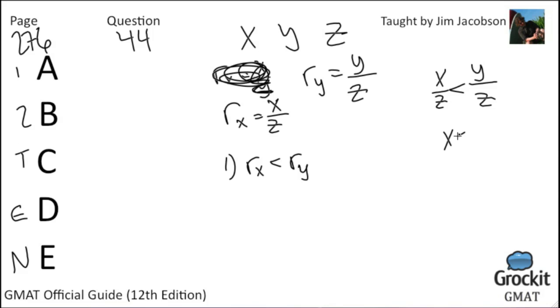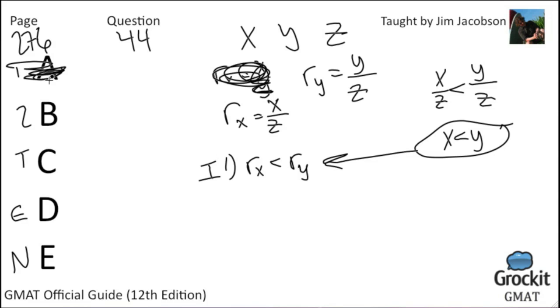Therefore, X is less than Y. Now, that's useful, but we need to know about Z, and Z is completely out of this equation now. So statement 1 is insufficient for us to determine whether Z is the greatest of them, so we can cross off answer choice A. We can also cross off answer choice D, which required statement 1 to be sufficient.